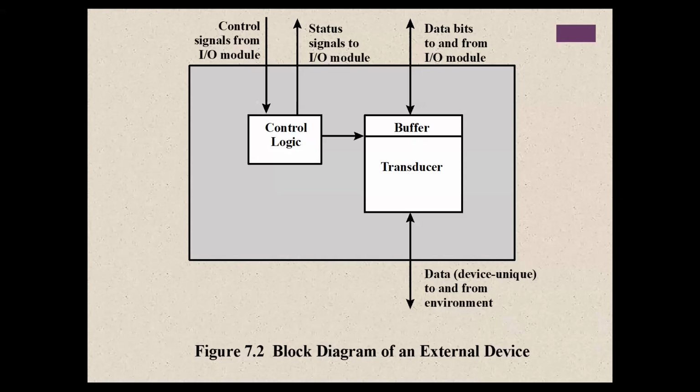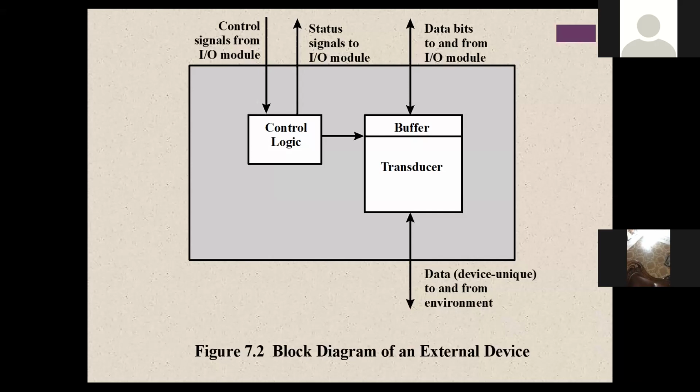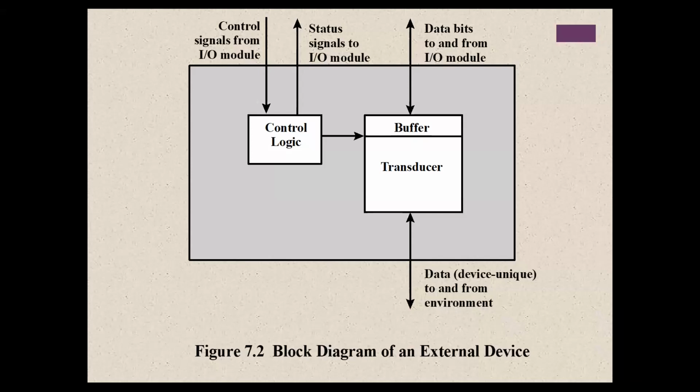Now, the control logic is associated with the device and controls the device's operation in response to direction from the I/O module. Then there is the transducer. The transducer converts data from electrical to other forms of energy during an output operation, and from other forms of energy to electrical energy during input.